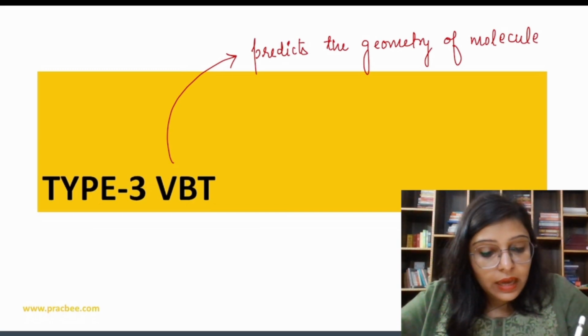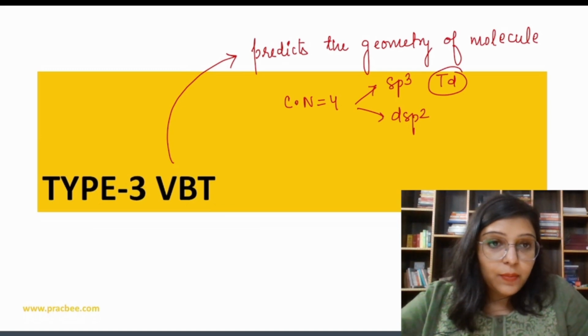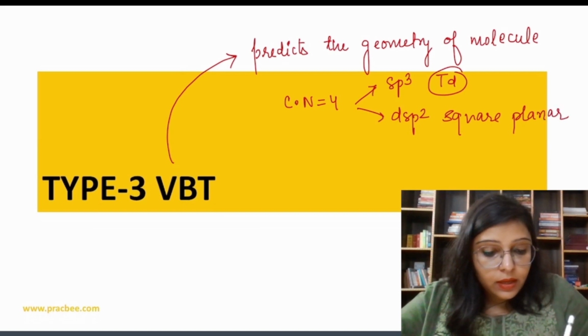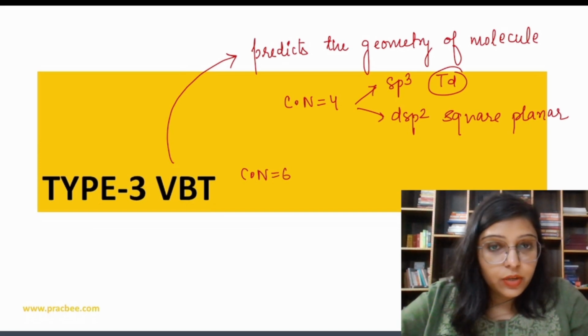If we have coordination number 4, we have 2 options, sp3 and dsp2. If the hybridization is sp3, the geometry is tetrahedral, and if the hybridization is dsp2, the geometry is square planar.